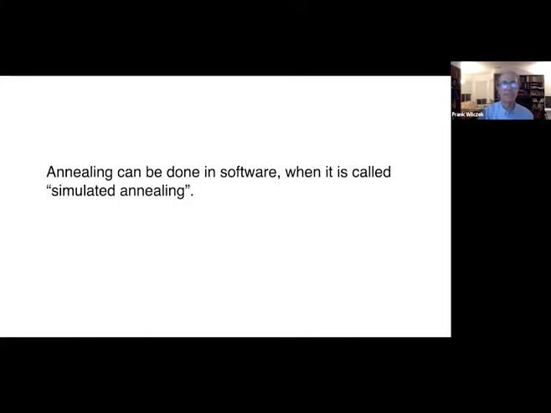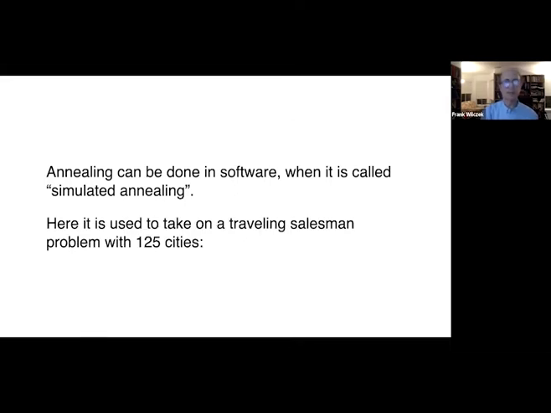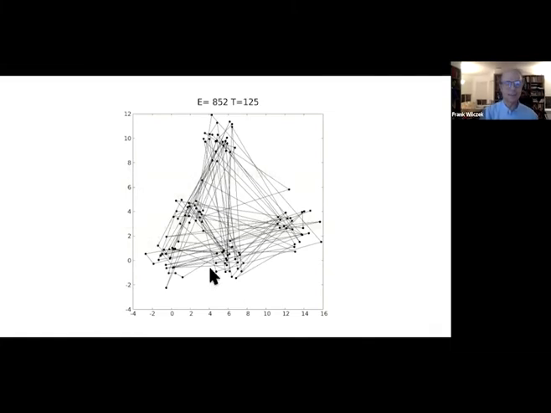So this can be done in software, as I said, and there it's called simulated annealing. It's turned out to be a very powerful technique for solving optimization problems. I'll show you a little video of how effective it is in finding the shortest route for a salesman who wants to visit all these cities exactly once.